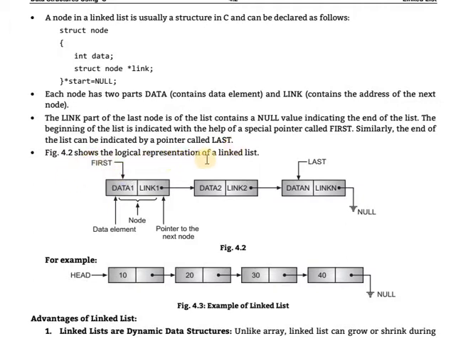Showing a logical representation of a linked list: it is the first node, the second node, the third node. The beginning of the list is indicated by the special pointer first, and the end of the list by the pointer last.